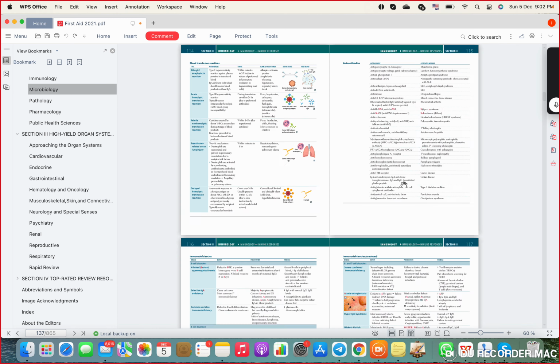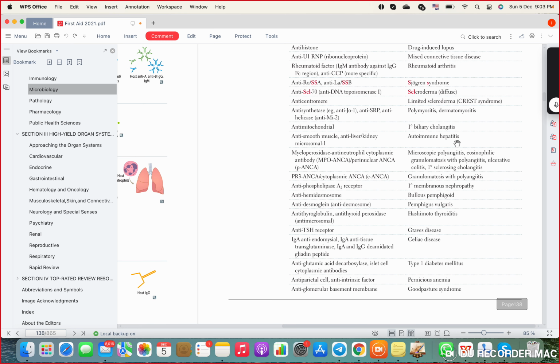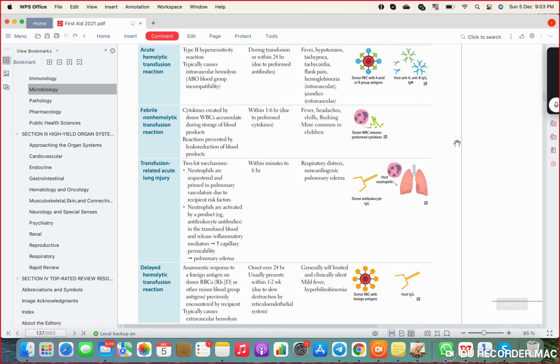When they're re-exposed, the small response produced during the first one will already have produced memory B cells. And these memory B cells or T cells will come and attack and make a very big reaction during the second exposure. This is called the anamnestic response.